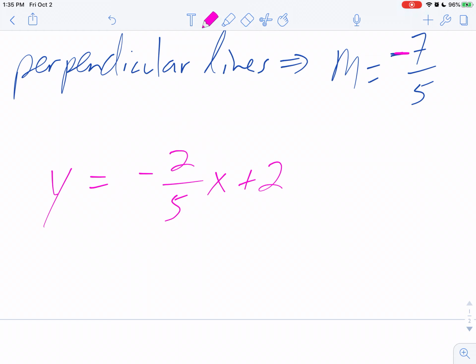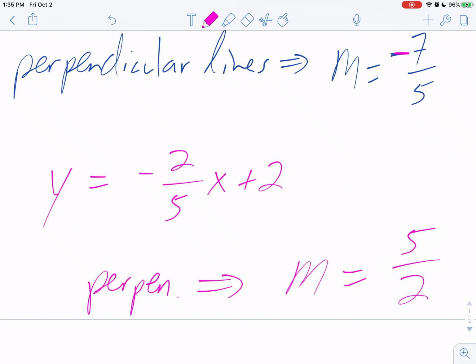But for something that's perpendicular, the slope is going to be 5/2, because the slope of the given one is negative 2/5. So we take the reciprocal and change the sign. Okay, so that's similar to number 26 on your assignment.